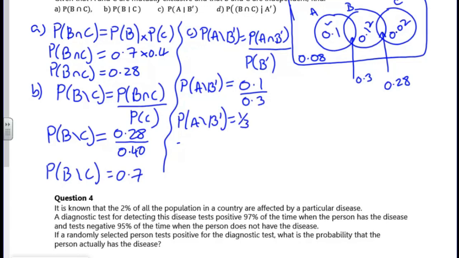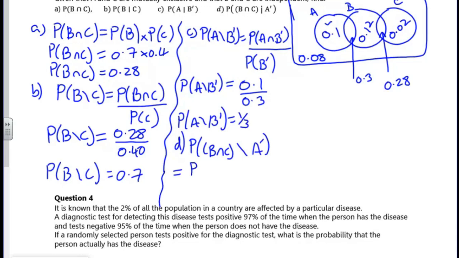Right, let's have a look at D then. I think D is going to be quite an interesting one. So it's B and C given that it's not A. So I'll have to be a little bit messy with this. I can put the formula over here for it.